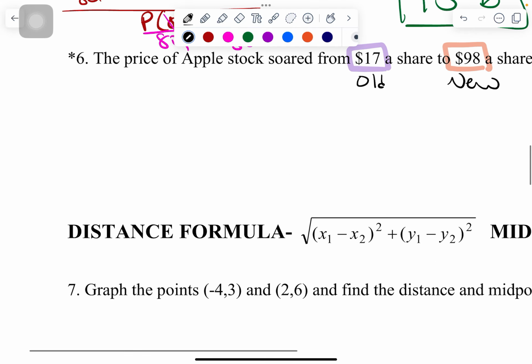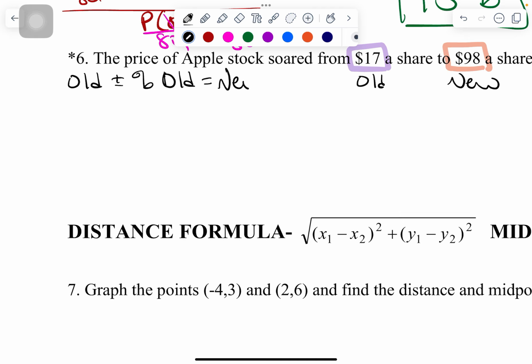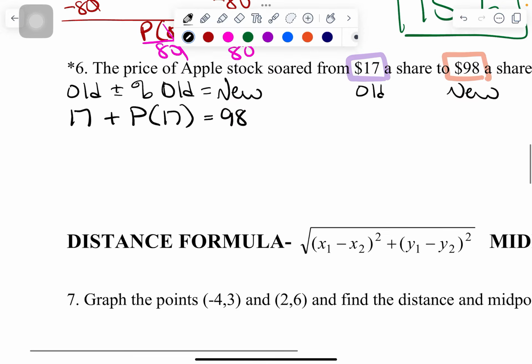All right, so let's see what we got here. Old plus or minus percent times old equals new. The old cost, 17. We definitely have an increase. Percent, I don't know what it is, I'll use P for percent. The old is 17, and then the new is 98.